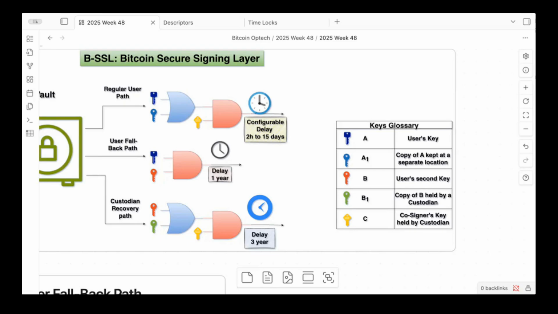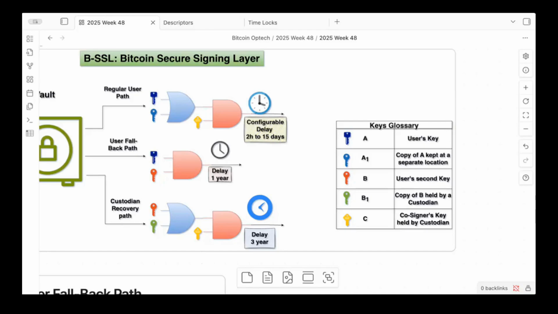Either he will broadcast or the user will broadcast. So to answer your question, the descriptors have to be maintained by each of the key custodians. Got it. Interesting.